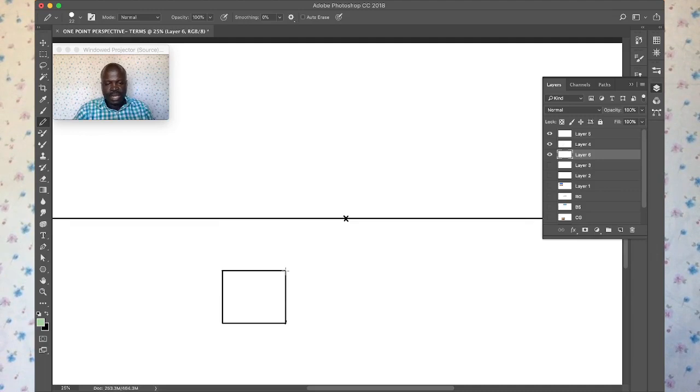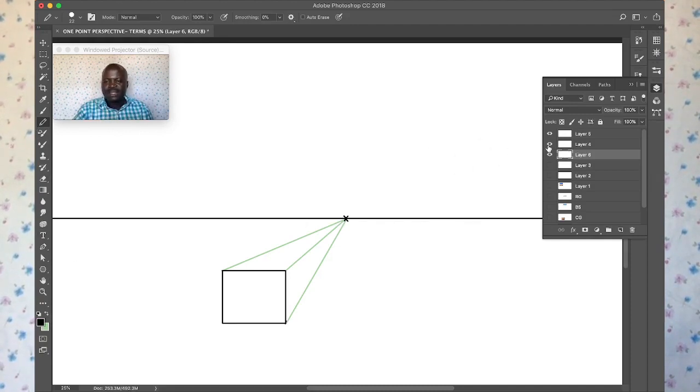So we draw a line going from that corner to the vanishing point, and then the other corner to the vanishing point, and the third corner going to the vanishing point. And there we have now the perspective lines, all which end in the vanishing point.